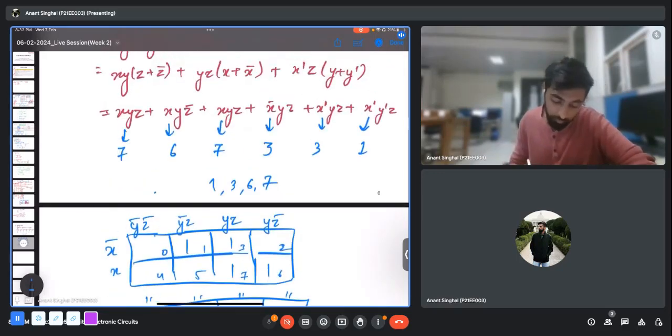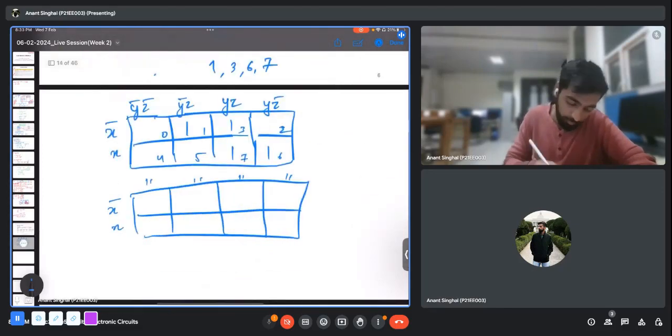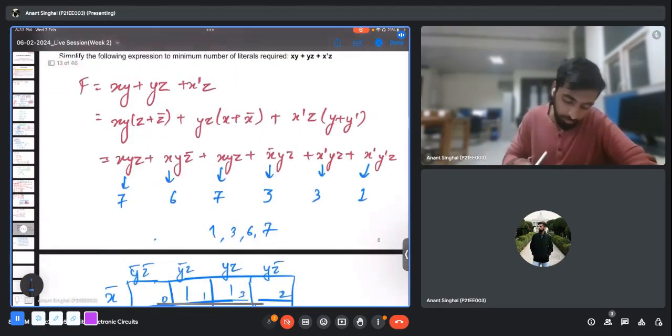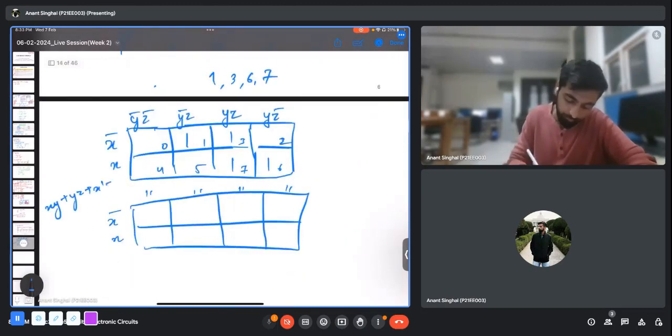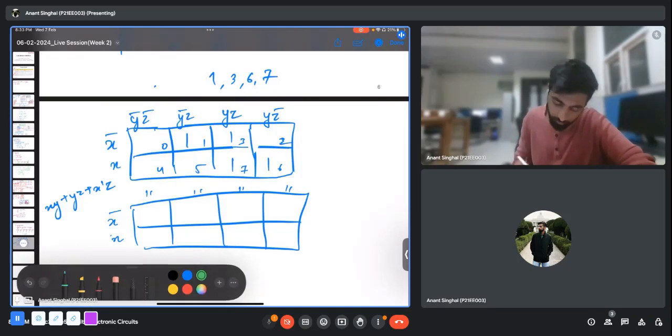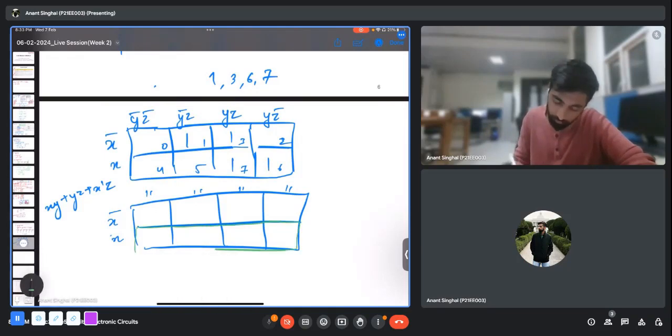So now what we see is the given expression was xy plus yz plus x complement z. So for xy we need to fill. We have an x here. Let's say I'm using a green ink. So there is an x, and you can see y is 1 for these particular columns. If I take the intersection of them, I can write 1 1 here.